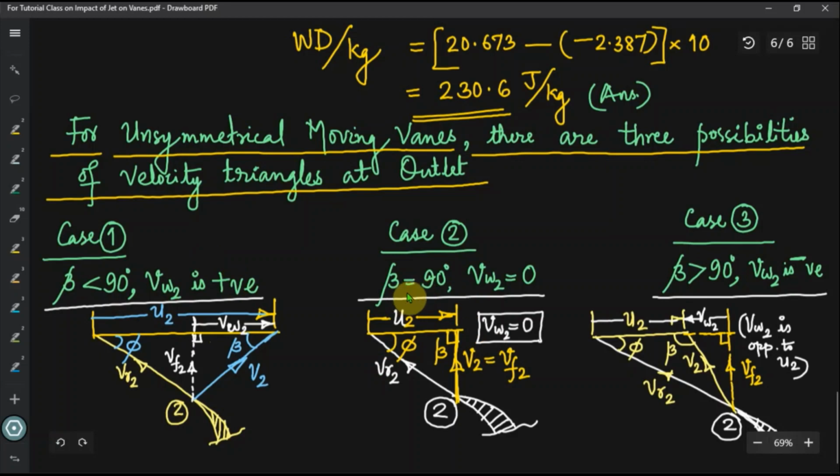If beta is exactly 90 or VW2 is given to be 0, then you have to use this velocity triangle at outlet. And in the case of unsymmetrical moving vane, when beta is given to be greater than 90, just like in our current numerical problem, then you have to make use of this velocity triangle at outlet.